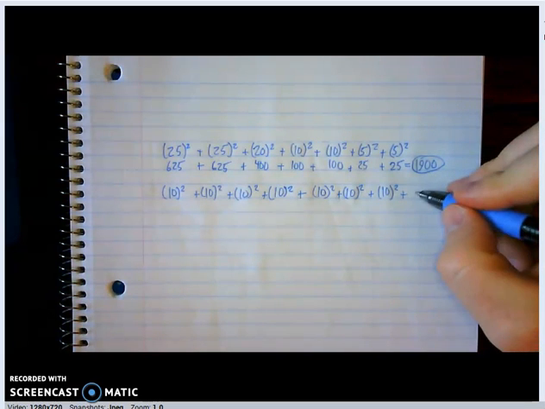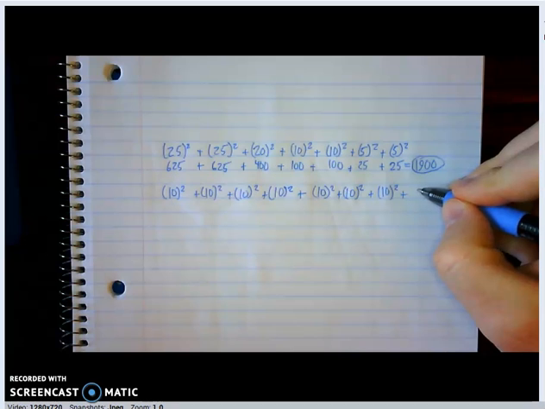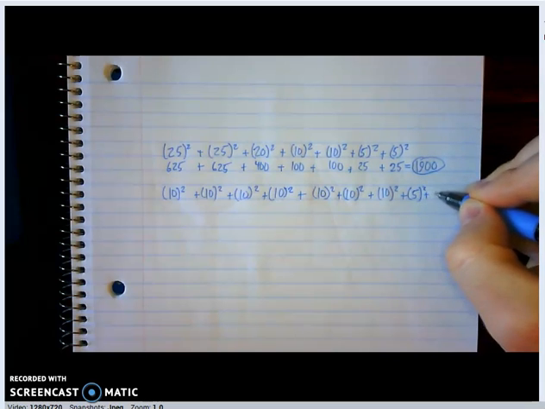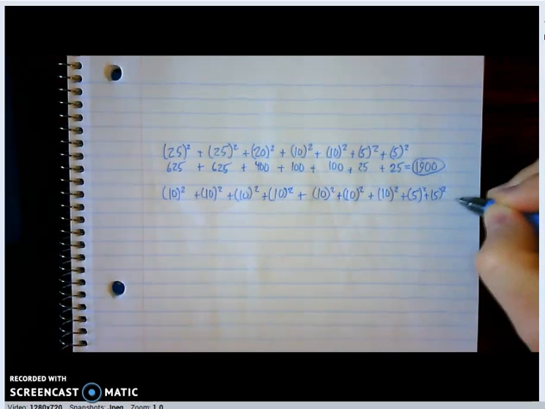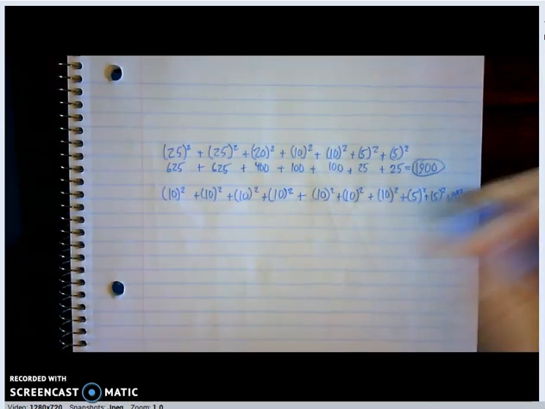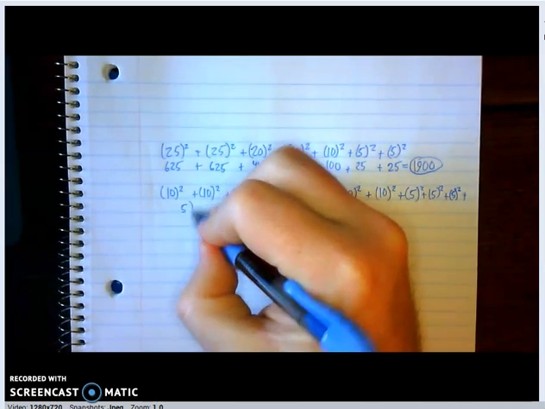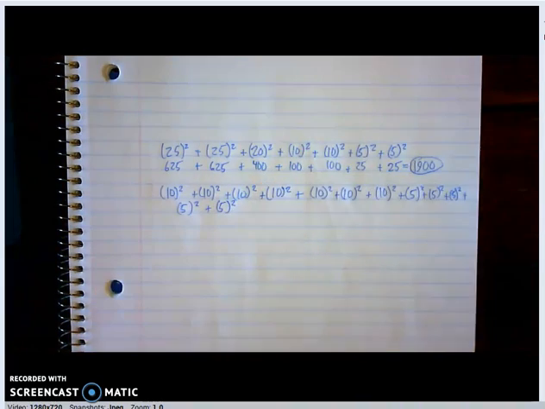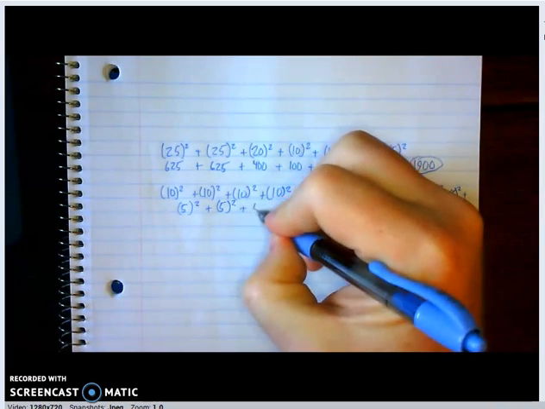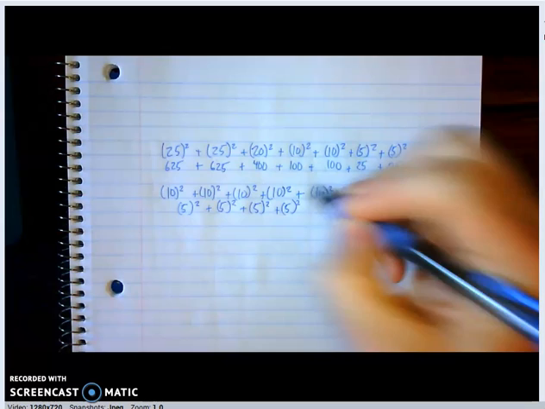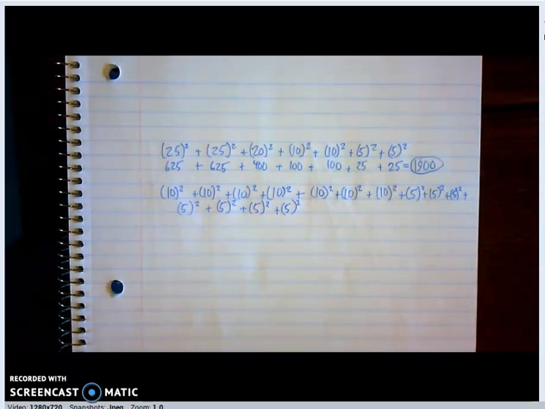And then the other 30% is split between a bunch of companies that own 5%. So 5 squared plus 5 squared plus 5 squared plus 5 squared plus 5 squared plus 5 squared.